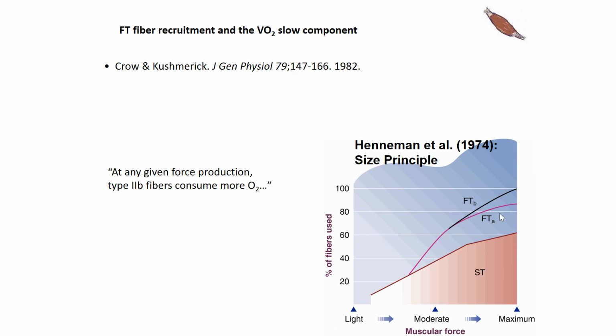And finally, the idea of this size principle, we kind of touched on it in the review with myself, Anita Clark, where we see that slow twitch is the first order of recruitment, then the type 2A and the type 2B. Well, we know energetically that the type 2B fibers consume more oxygen per given change in force.